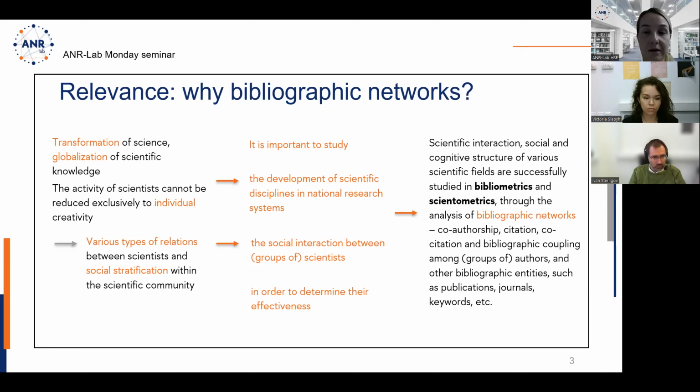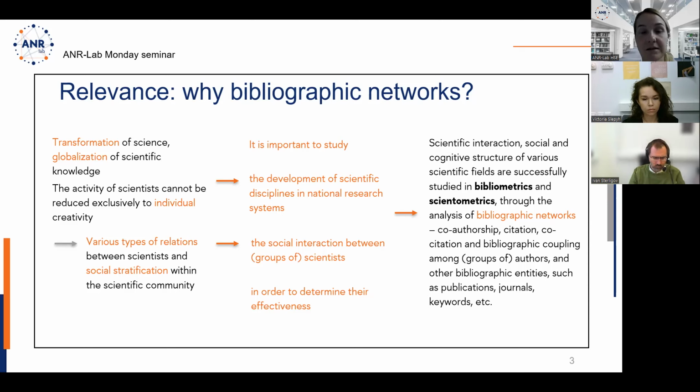So there are specially designed fields called bibliometrics and scientometrics, which try to answer all these questions about the development of science.